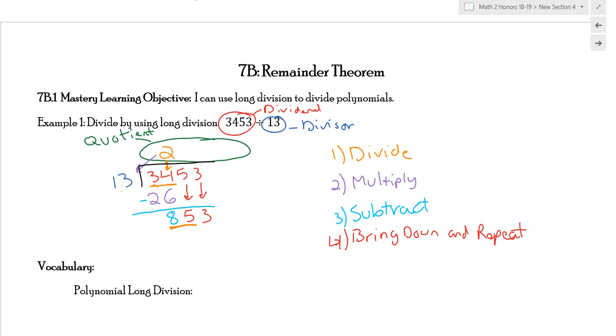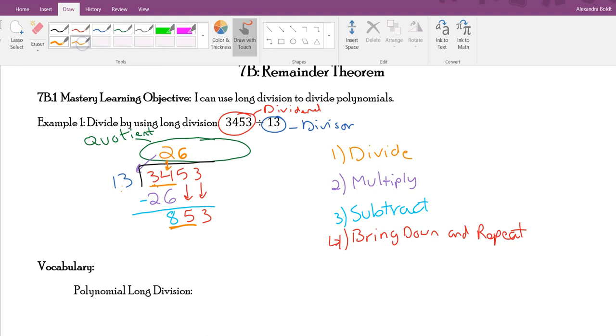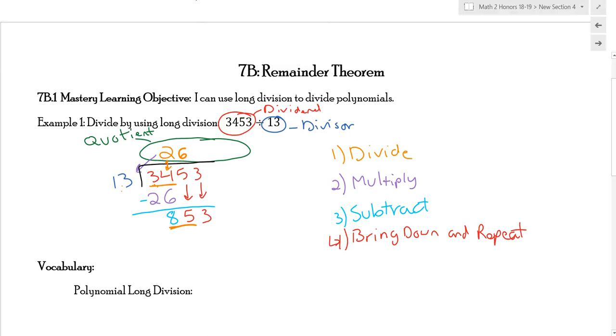And then we have 65, and 52 plus 13. And then we have 78, I believe. And then if I add another 13, that's going to be too much. So I was counting on my fingers, but we counted 6 13s. So that's a way to do it. You can check on a calculator for this, but once we have the polynomial long division, we won't ever be using such big numbers.